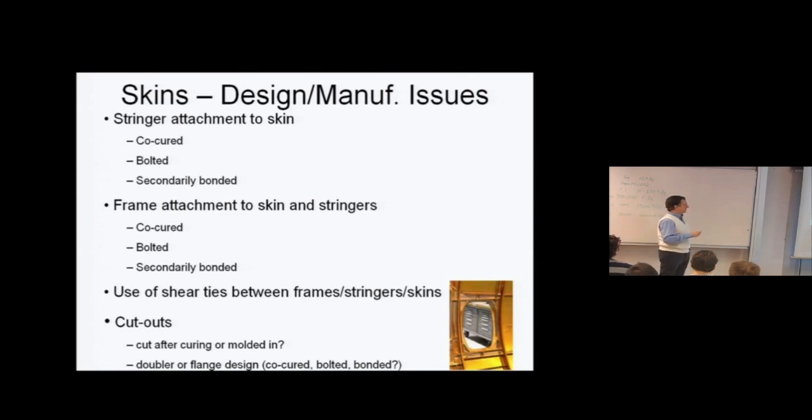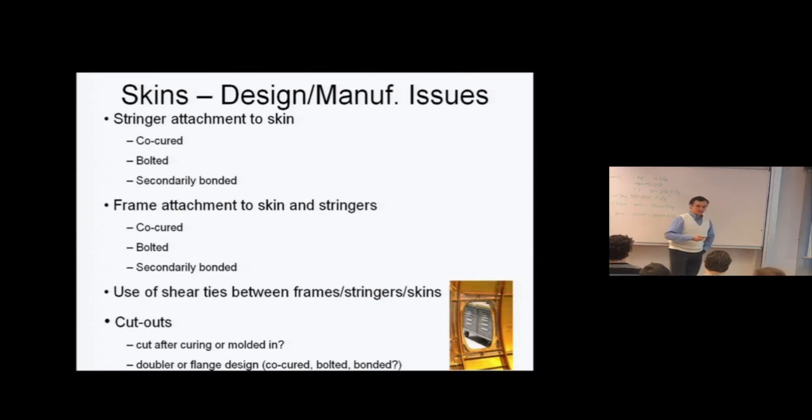And because, as I was saying earlier, of the assembly issues, the assembly cost being related to how many fasteners or bolts you have to put through the structure, that could be driving your cost up. And then secondarily bonded, which means, okay, I'm not trusting my resin.